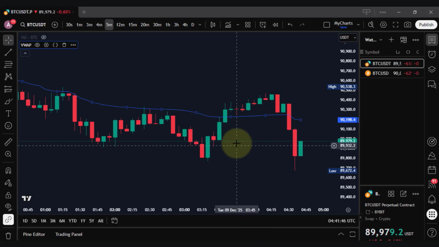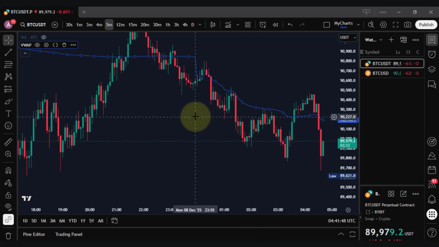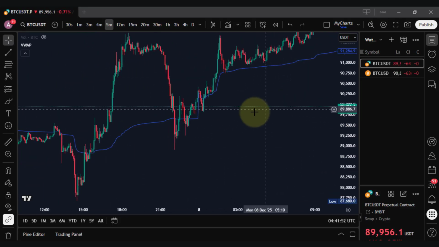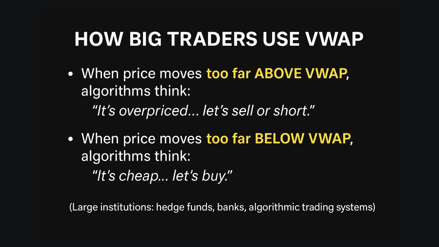VWAP always shows the average price for today only, which is why traders call it an intraday benchmark. Large institutions, hedge funds, banks, algorithmic trading systems trade around VWAP. If price goes too far above VWAP, algorithms think it's overpriced.